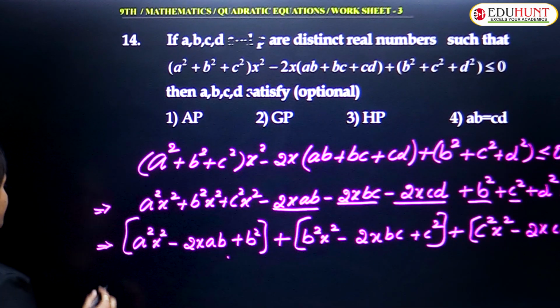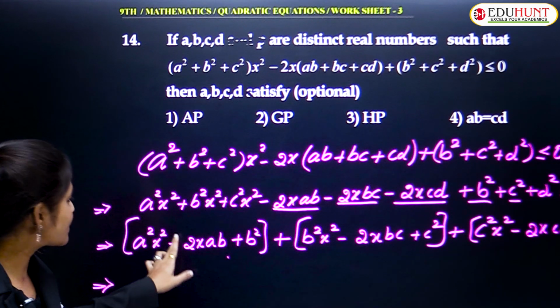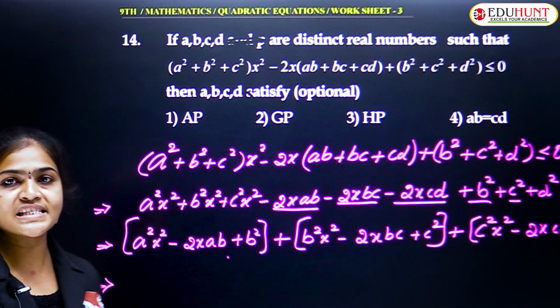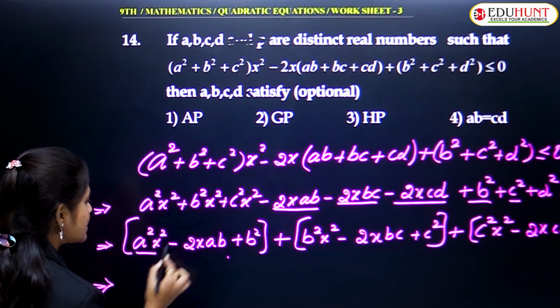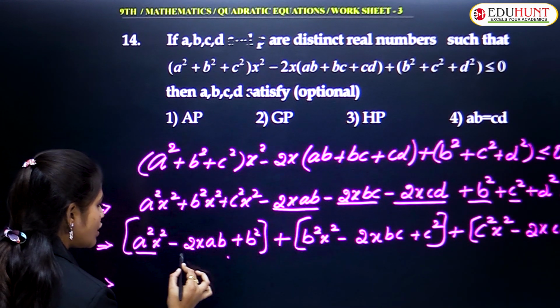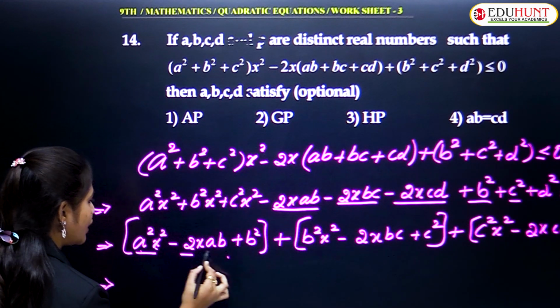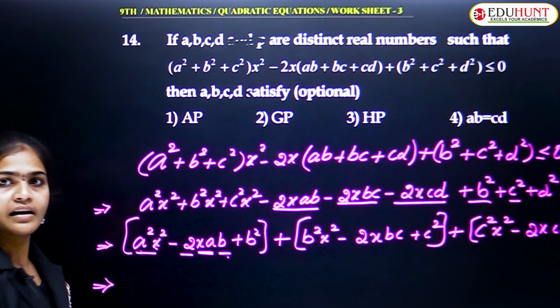Understand? Now observe this one, children. This is in the form of A square minus 2AB plus B square. Yes or no? See here, A square means (AX) whole square, plus B square, minus 2 times AX times B. Understand?